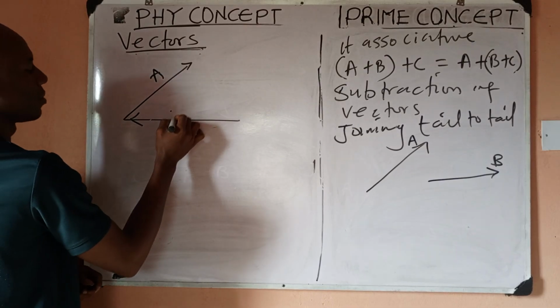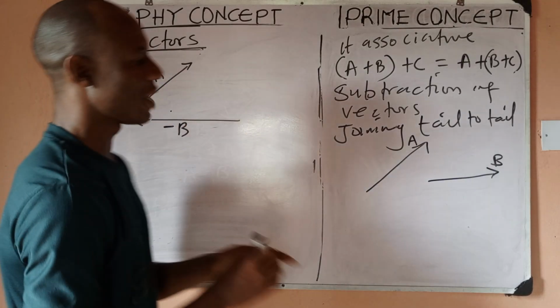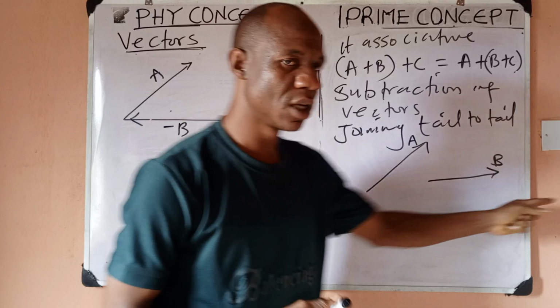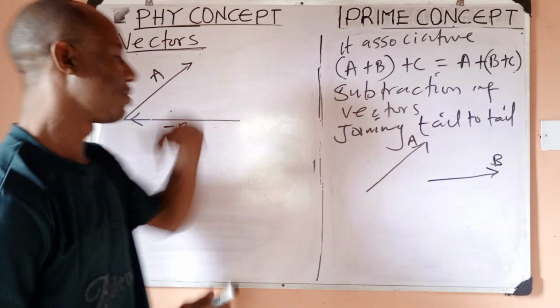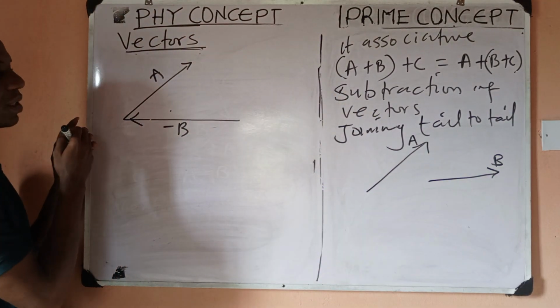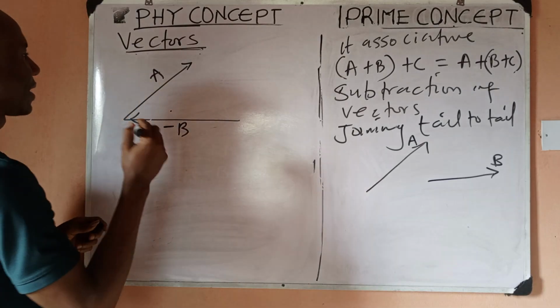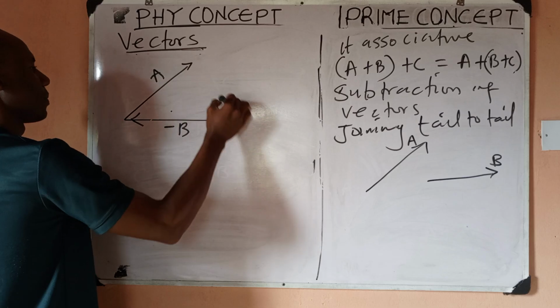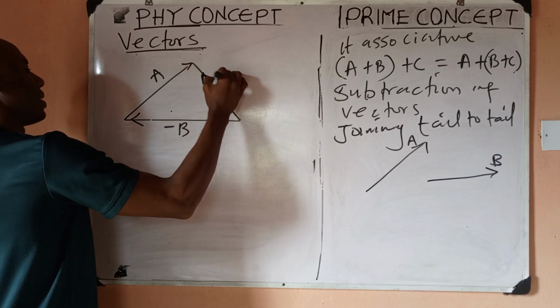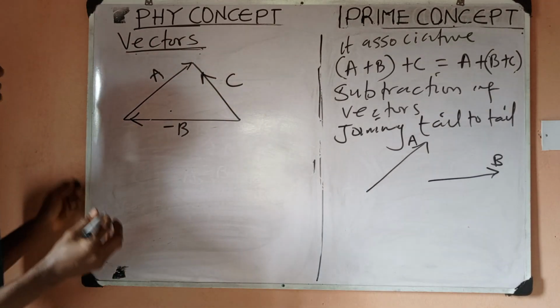Then this becomes negative B because I've reversed the direction. B is forward, but for me to join the head of B to the tail of A means I have reversed it, so it has to be negative B, right? Yes. Now the next thing I want to do is to join in this way. And this becomes my C.